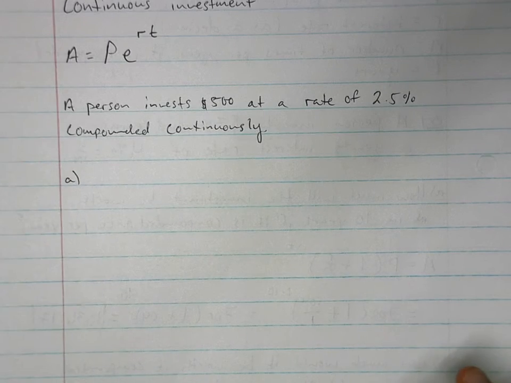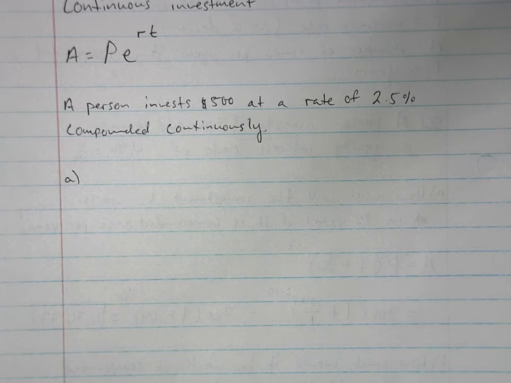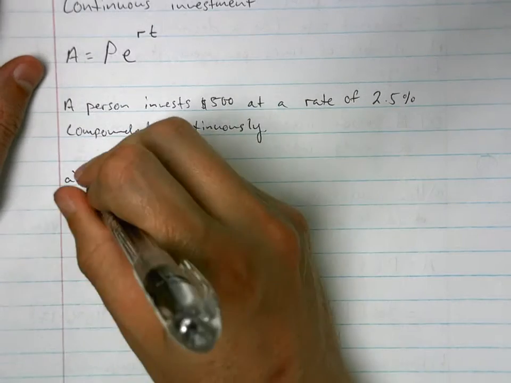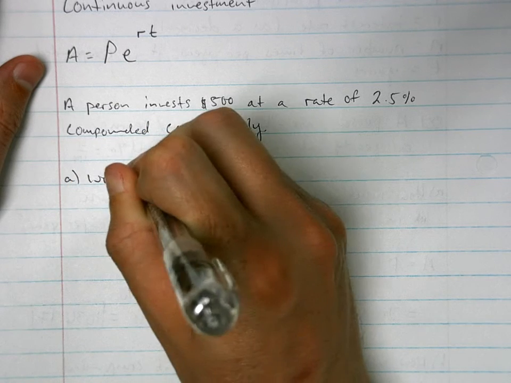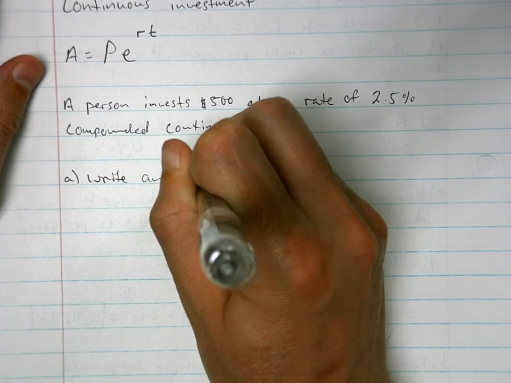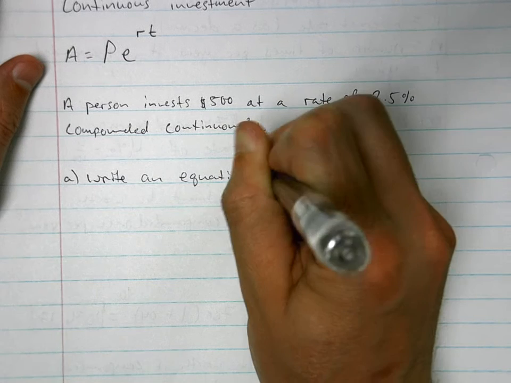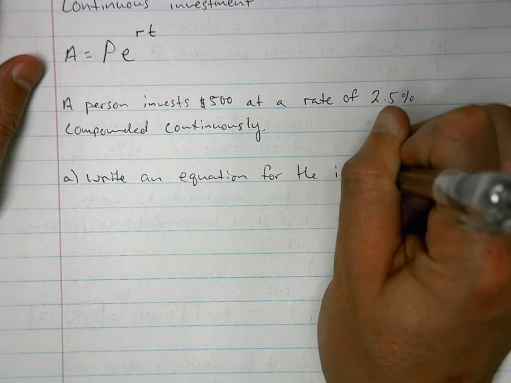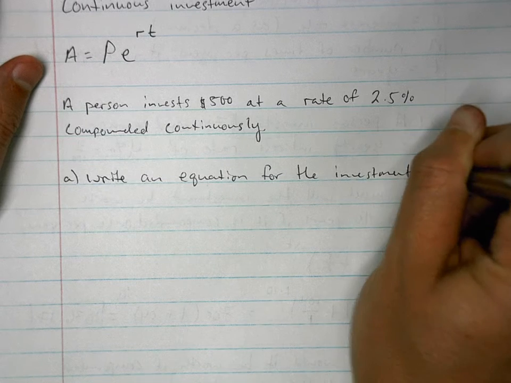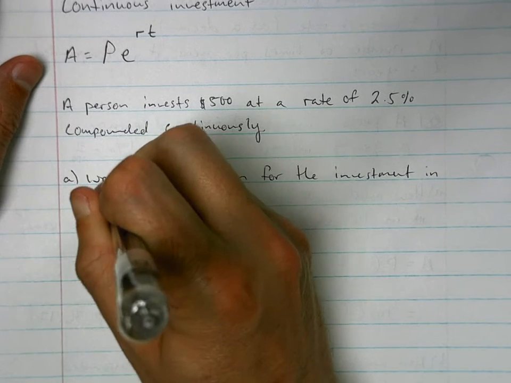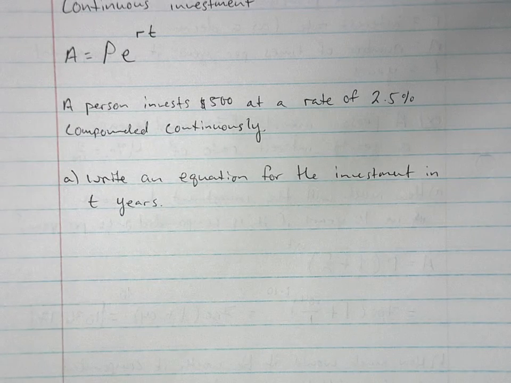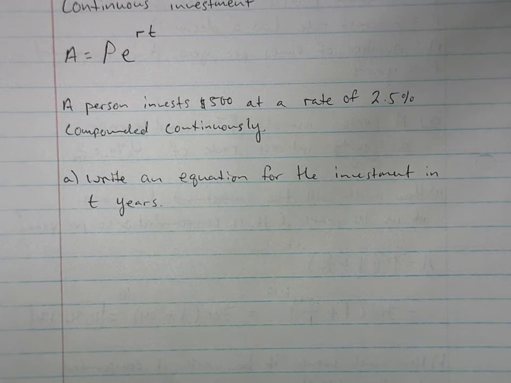So part A might say, write an equation for the investment in T years. Let me slow down so you can get this all written down.